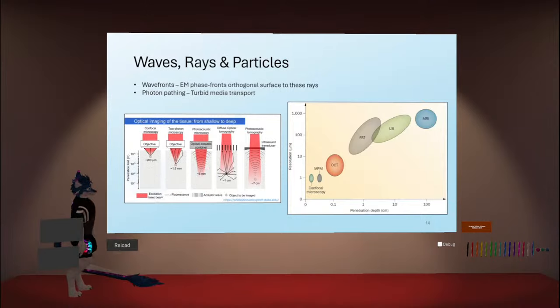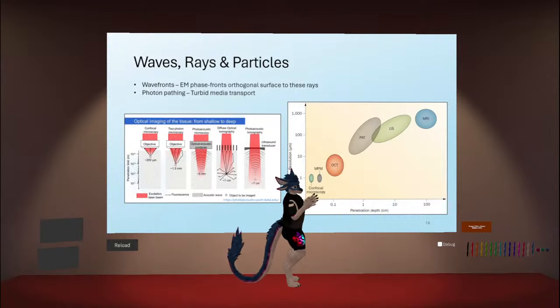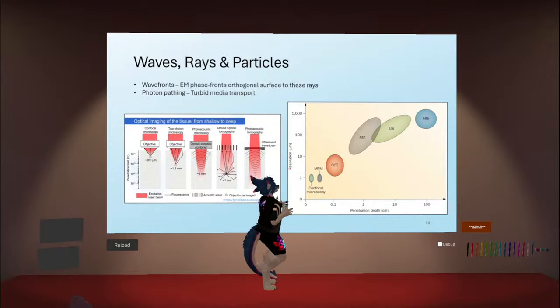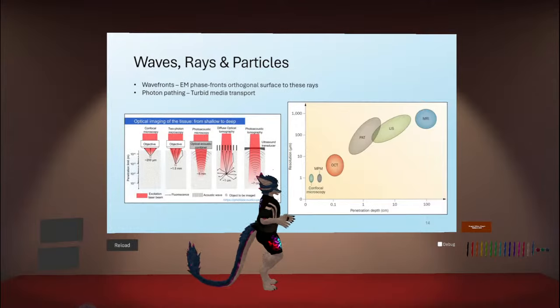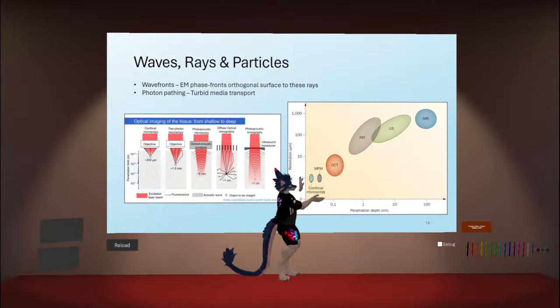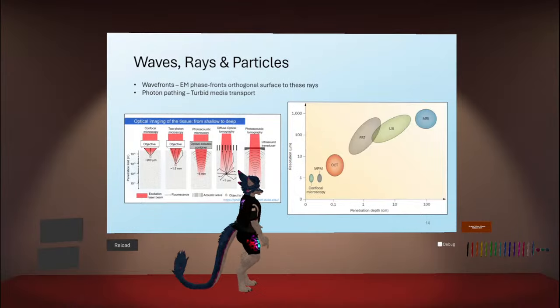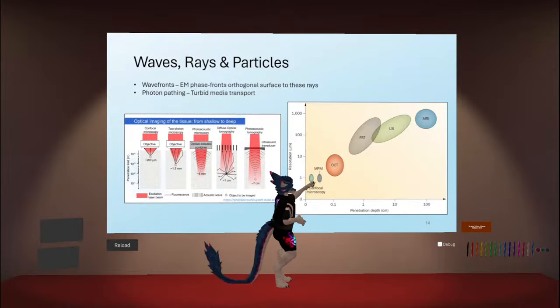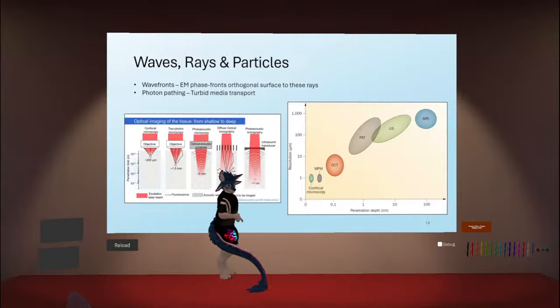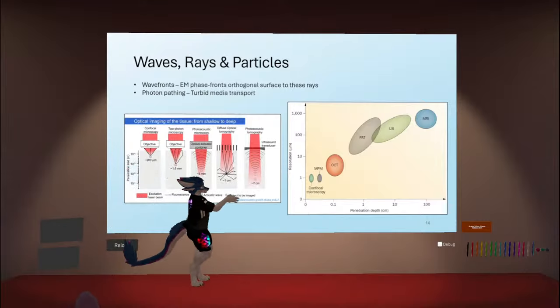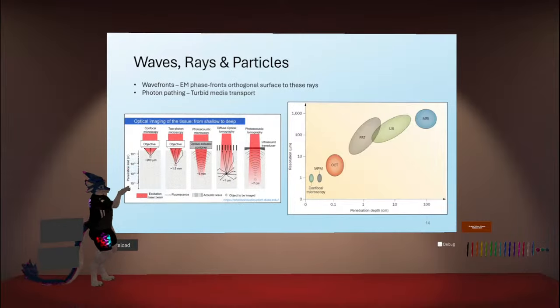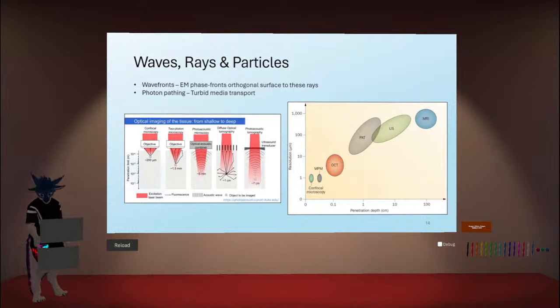And if you go further and look at, especially in biology where you're almost always limited by transport in tissue, you get this fancy thing that everyone likes to reprint on their papers, where basically you have this almost linear relationship between how far you can penetrate into some turbid media and what type of resolution you're going to be able to extract. Keep in mind that resolution is related back to how coherent you're maintaining this wavefront.